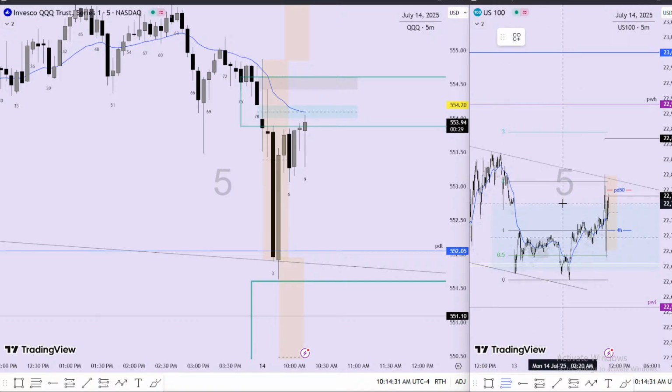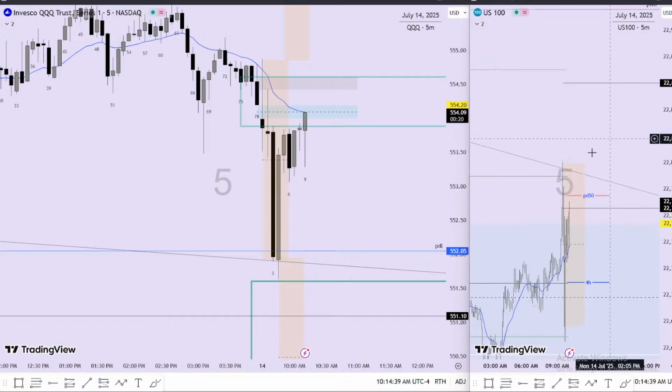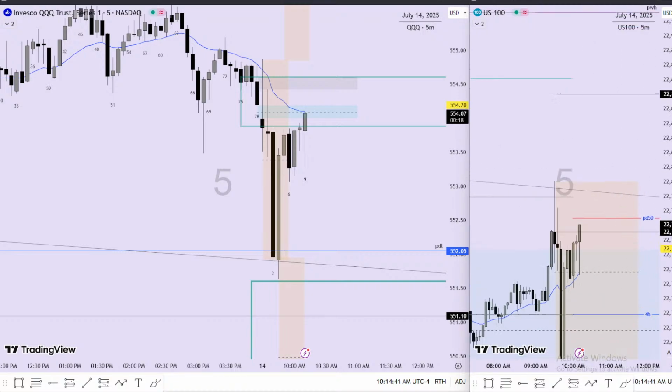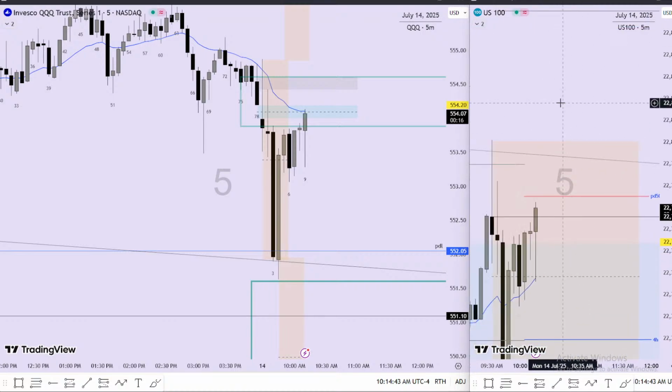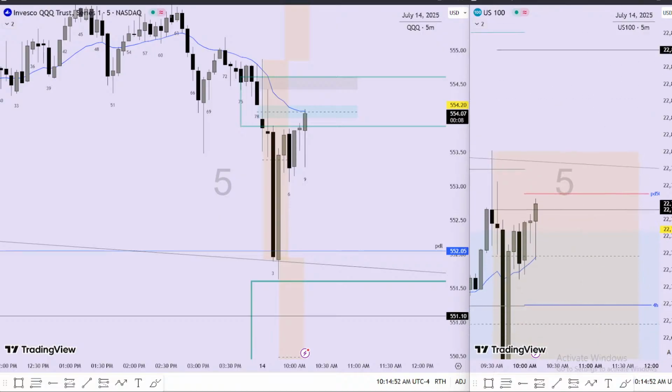Is that reasonable enough? If I take a standard deviation of this range, it takes us above this one. I may have cracked it. I might be correct about this trade.